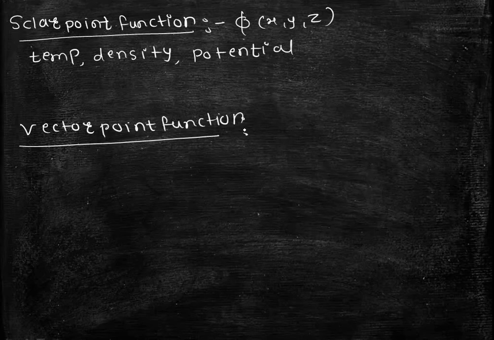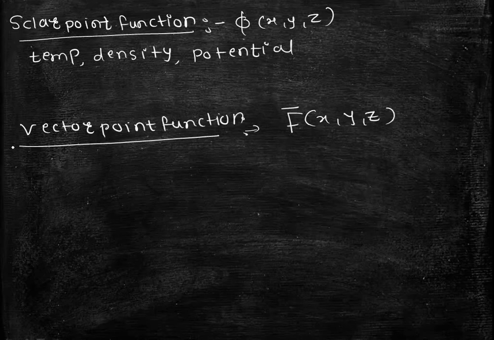If the vector quantity F bar depends for its value on the position x, y, z in space, then F bar of x, y, z is called a vector point function. That is denoted by capital F bar of x, y, z.